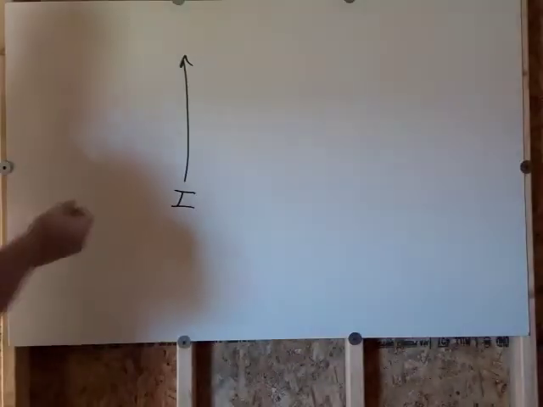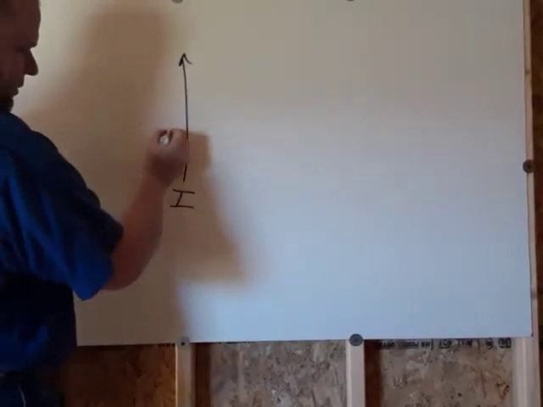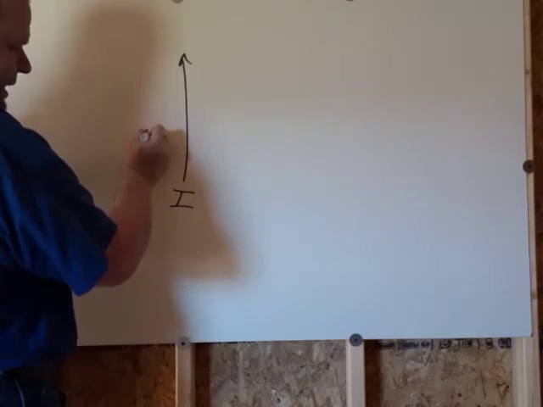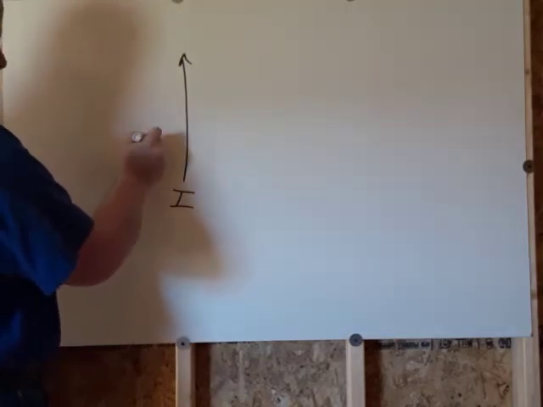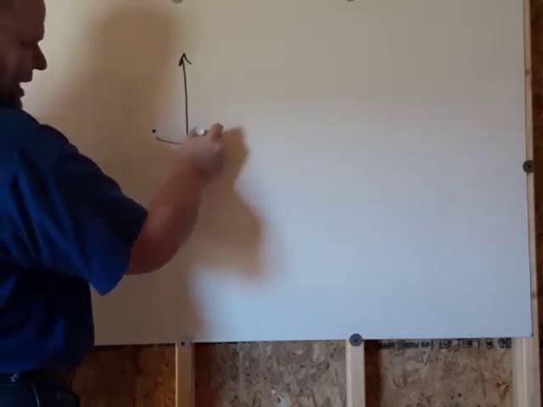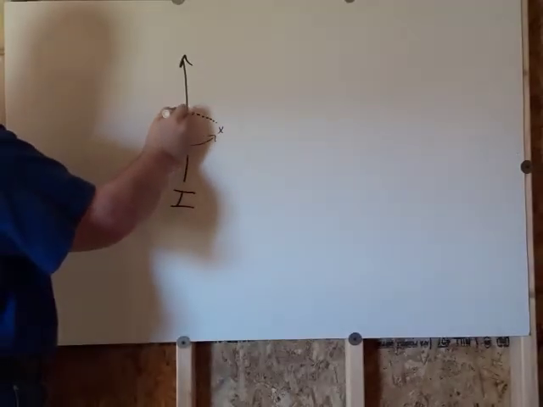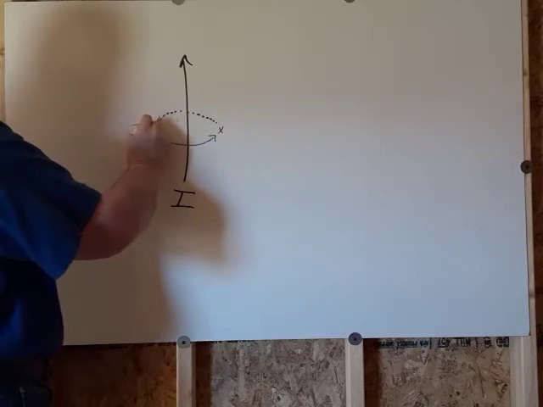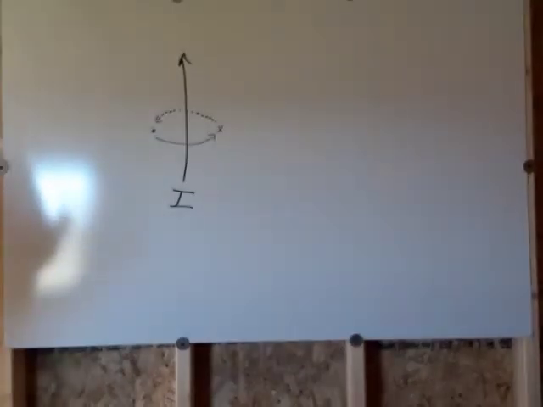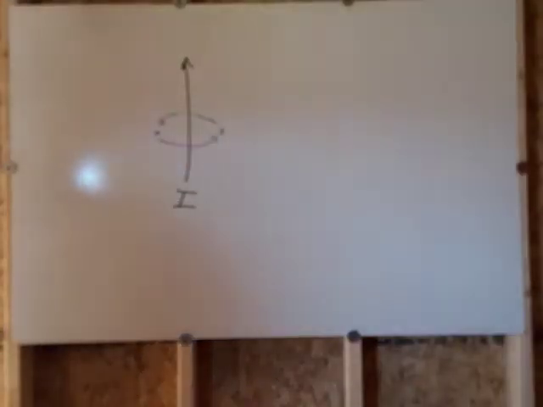So we kind of get the idea that it comes out here and wraps around the board here. And then it goes into the board there, and it goes behind the wire there, behind the board. So that's the direction that we expect our field to go in.